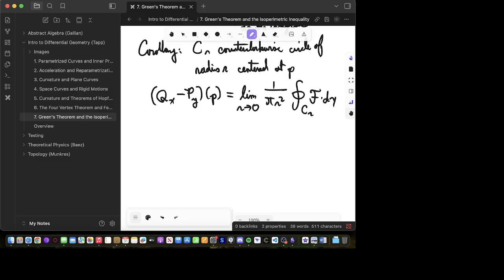So if r is sufficiently small, then the infinitesimal circulation is approximately constant.